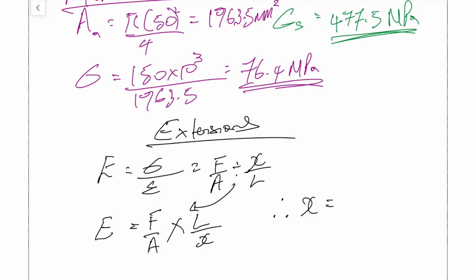That will look like force times original length, all divided by the modulus of elasticity multiplied by area. All we have to do now is put the values into the formula and we'll get our extension. So let's do that now.